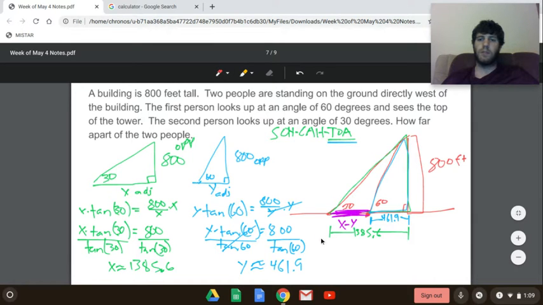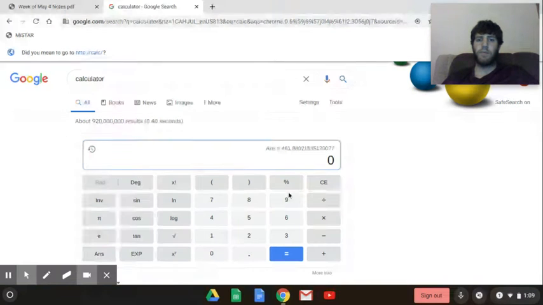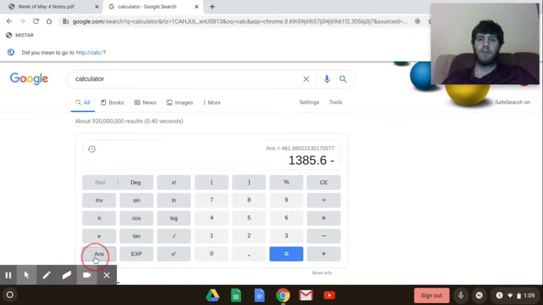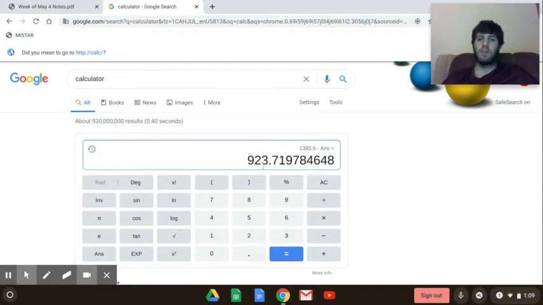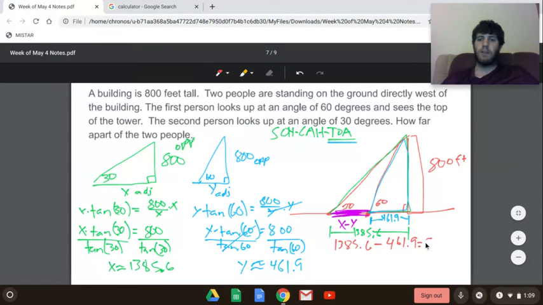So we do 1385.6 minus our answer from before, 461.9. You hit equals and you get 923.7. So that's going to be 923.7 feet.